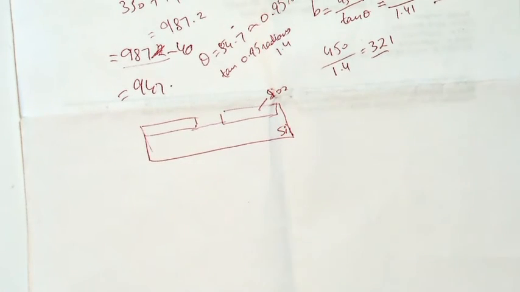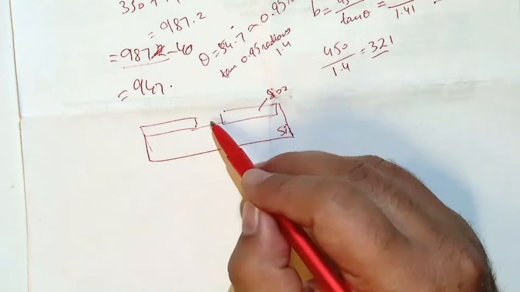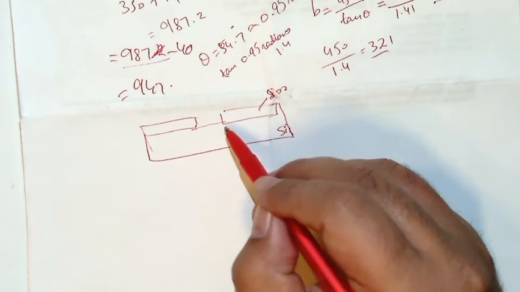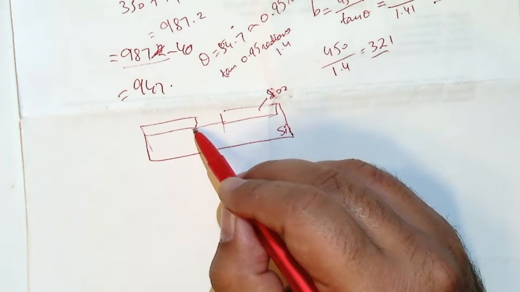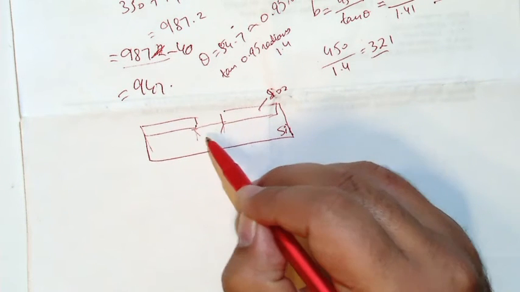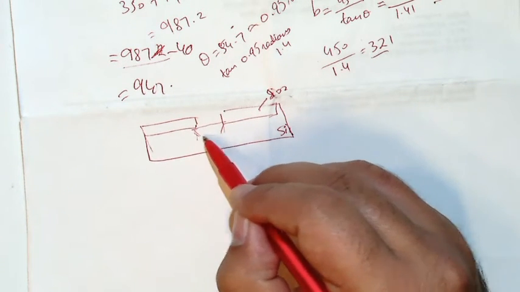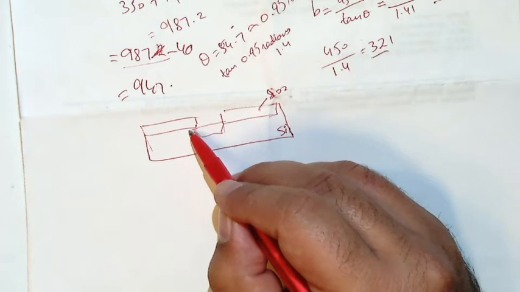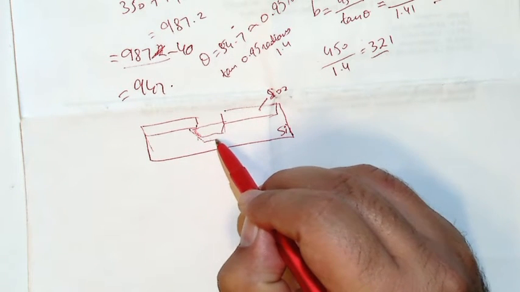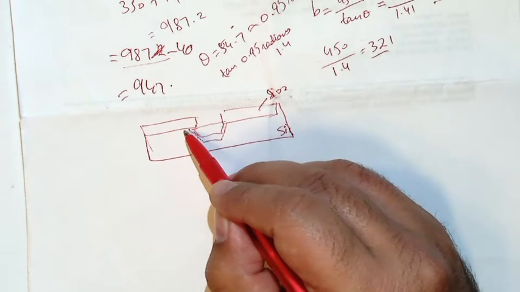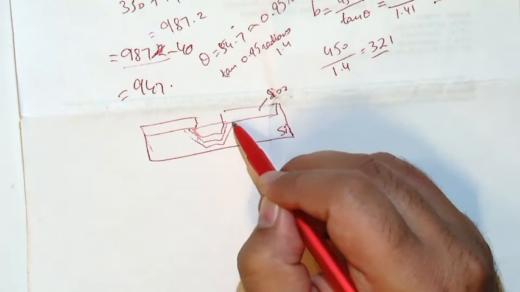If we put this structure in TMAH or KOH, what will happen? It will not start etching like that. It will go this way with that angle. So one time it will make maybe this structure, then that structure, and then that structure. In that way it goes.